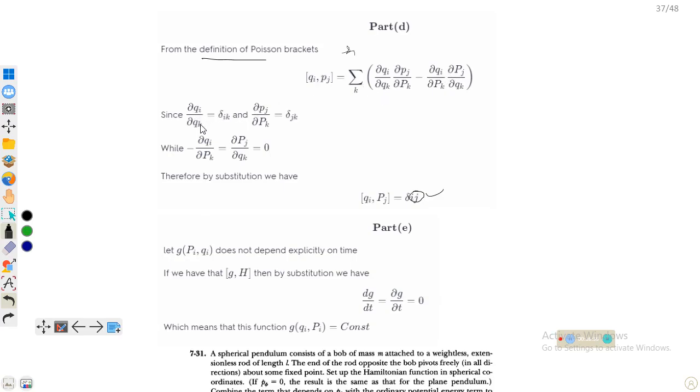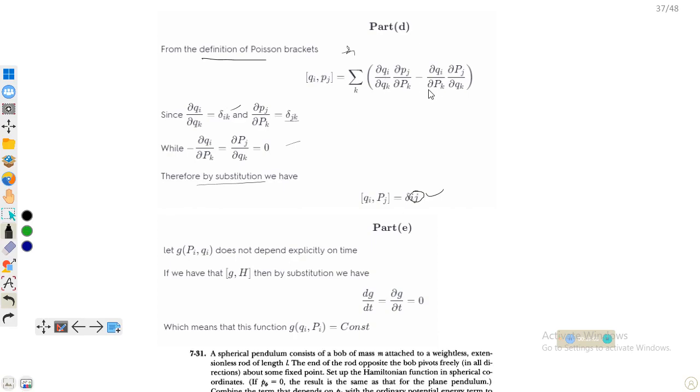Now we will use some facts. Partial Qi over partial Qk is equal to delta ik, and partial Pj over partial Pk is equal to delta jk. When i is equal to k, this will be equal to 1, otherwise it will be equal to 0. The second thing is that partial Q over partial Pk is equal to 0, and partial P over partial Qk is equal to 0. Therefore, by substitution we have the bracket of Qi and Pj equal to delta ij. Why delta?